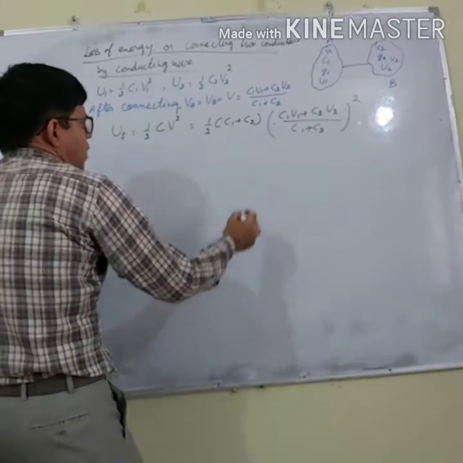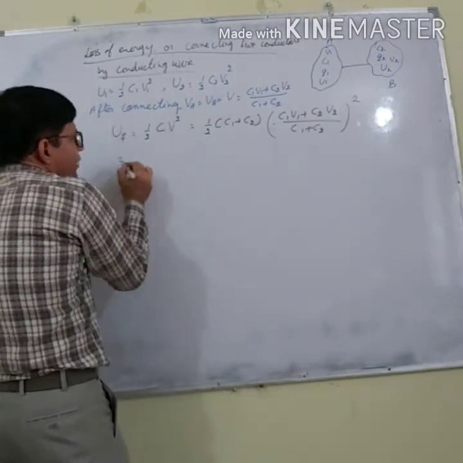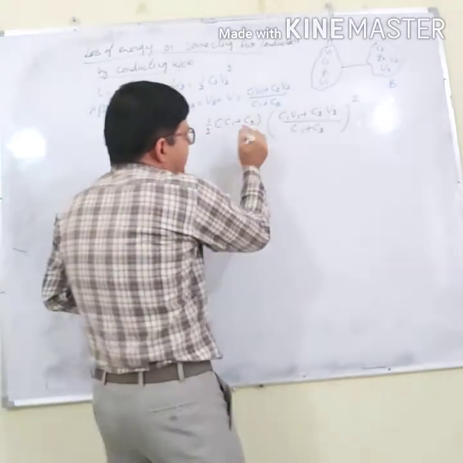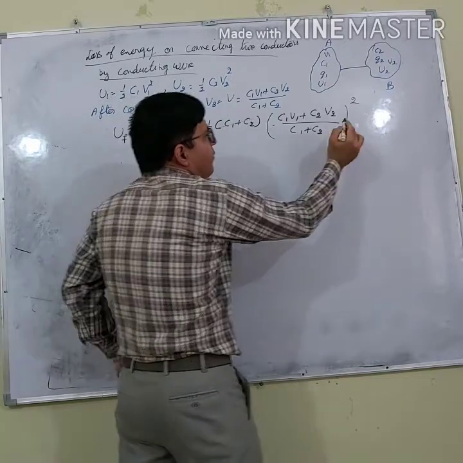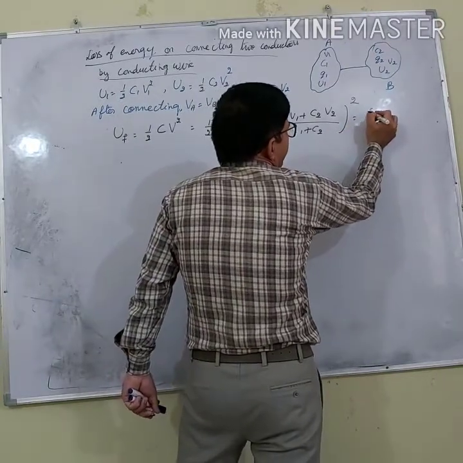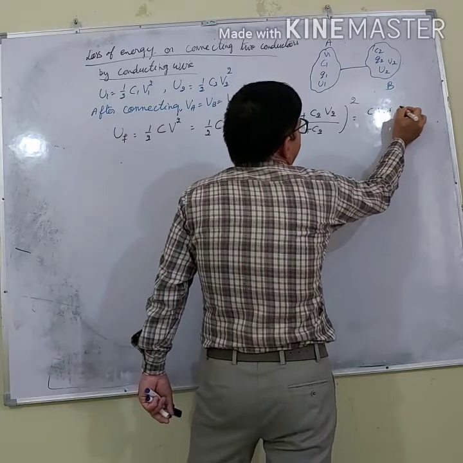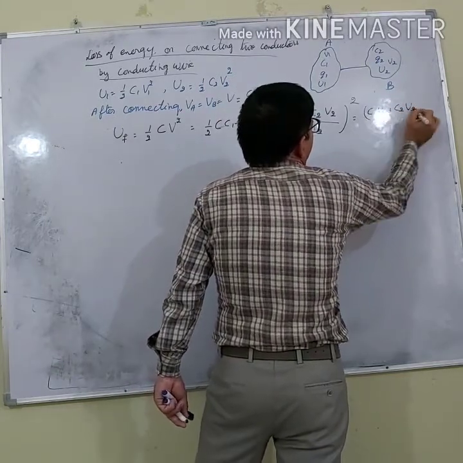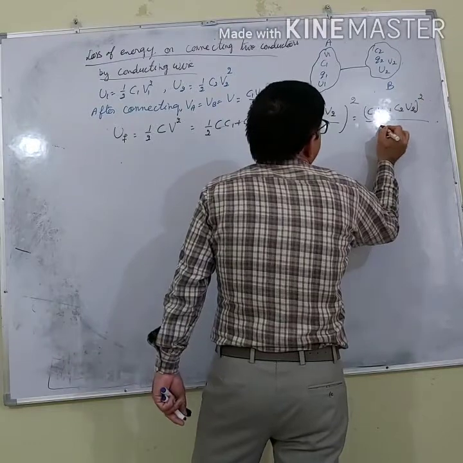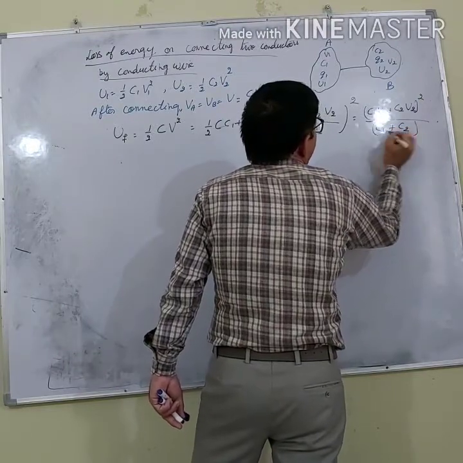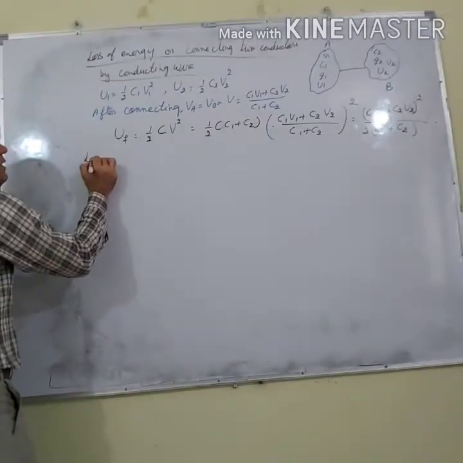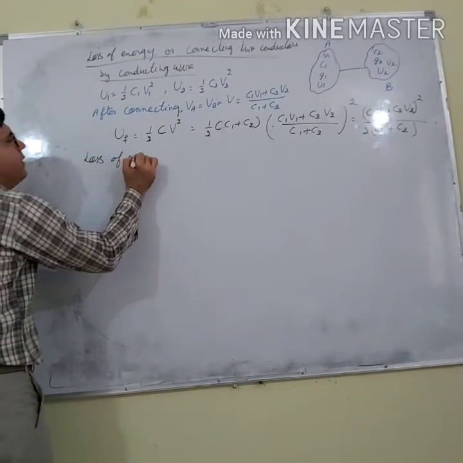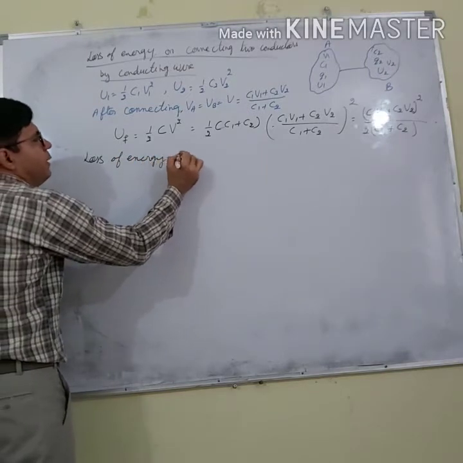Alright? Now you can see that if I solve this further, it can be cancelled by this, so one power will be left. So I can write this expression as (C1 V1 plus C2 V2) whole square divided by 2 times (C1 plus C2). Let me check the loss of energy.